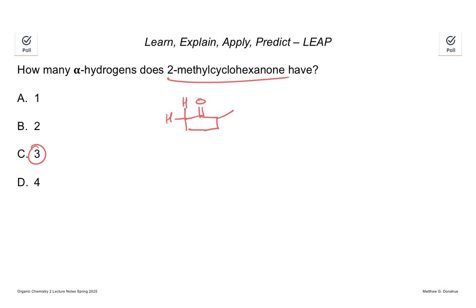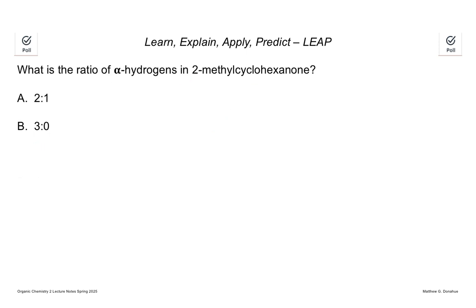So that one has 2, and then this one has 1. So the ratio of those is 2 to 1.